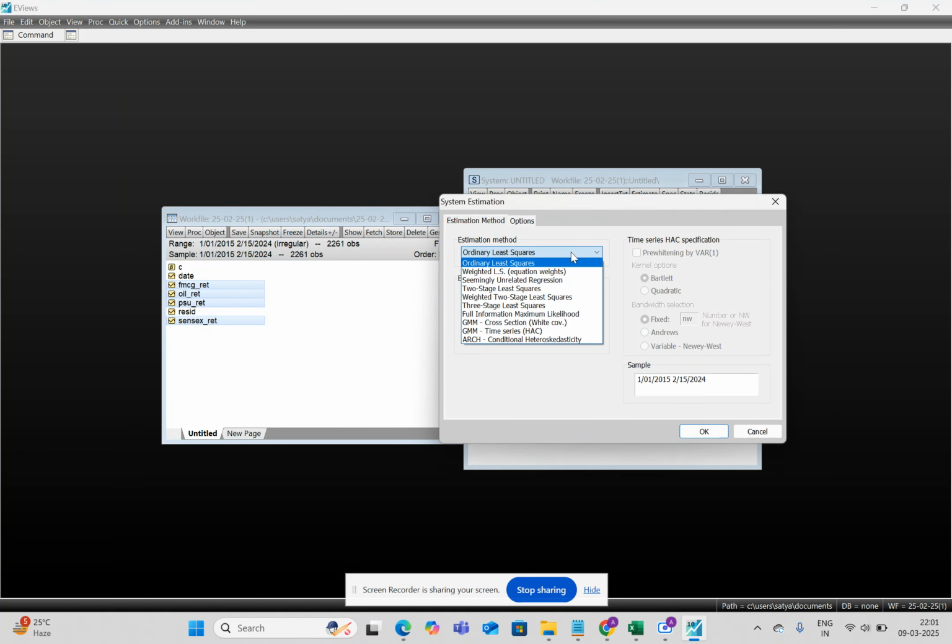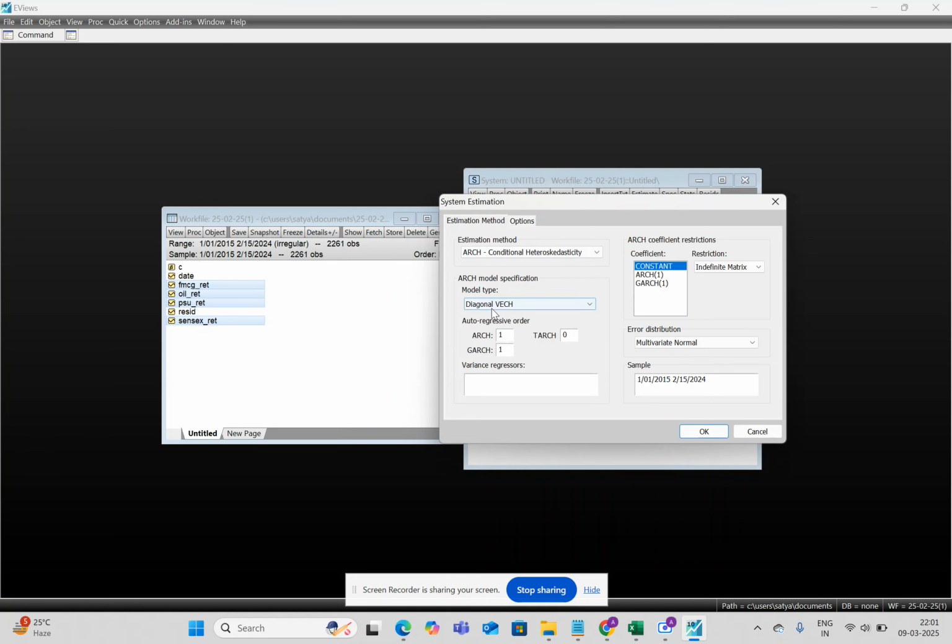Okay, so our estimation method, as I said, will be the VECH method. So let us go to here. We can put ARCH, and here see the model type is diagonal VECH, what we were talking about. If we want to understand asymmetry, then we can do a threshold term, so let us keep it 0 as of now.